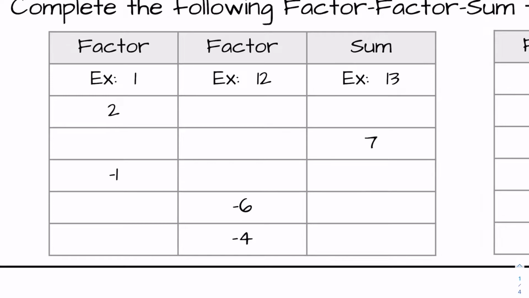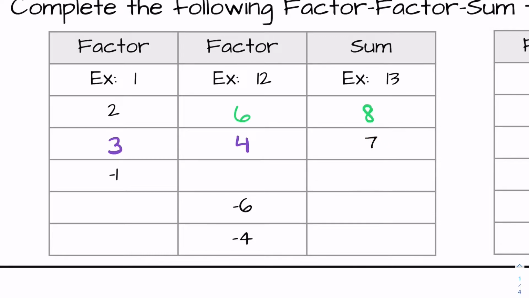So our next one we can do is 2 times 6, which is 12. And those together add up to 8. So next one, what times what? We can do 3 times 4. That's our last set of factors. 3 times 4 is still 12, but it adds up to 7.